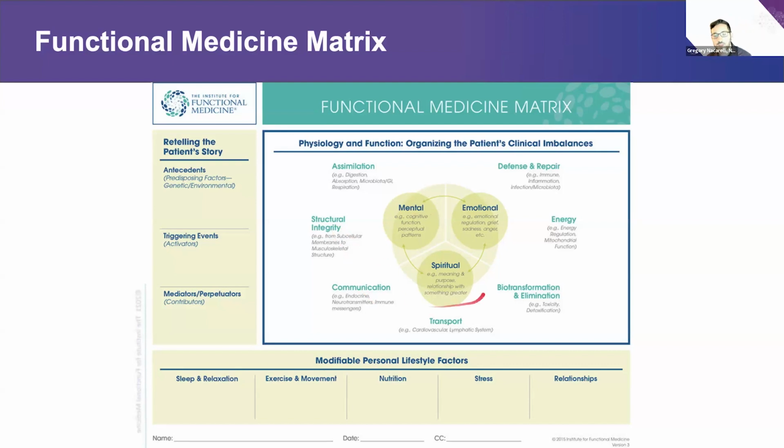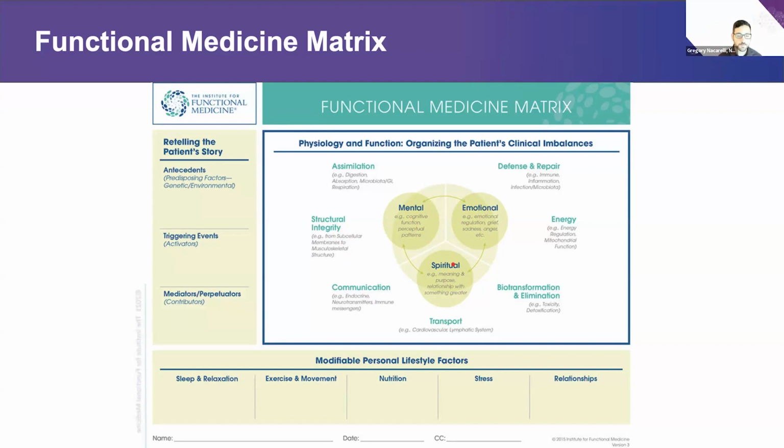In the middle of the functional medicine matrix, we have our mental systems, which refers to cognitive function, perceptual patterns, and emotional domain here, which refers to emotional regulation, grief, sadness, happiness, and then spiritual. So are they in touch with their spiritual side? Do they have meaning?